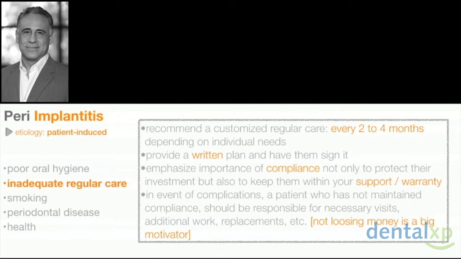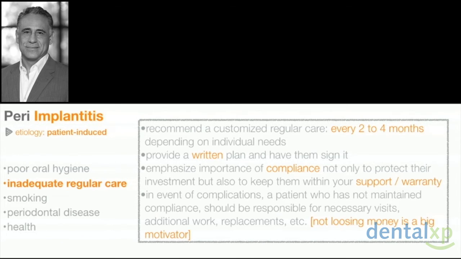We generally recommend a customized regular care for patients every 2 to 4 months, depending on their individual needs, of course. This requires a written plan provided to the patients and have them sign it so they understand what the recommendations are from the get-go. And lots of emphasis on the importance of compliance, not only to protect their investment, but also to keep them within your support or a type of warranty that is maybe provided for any kind of treatments.